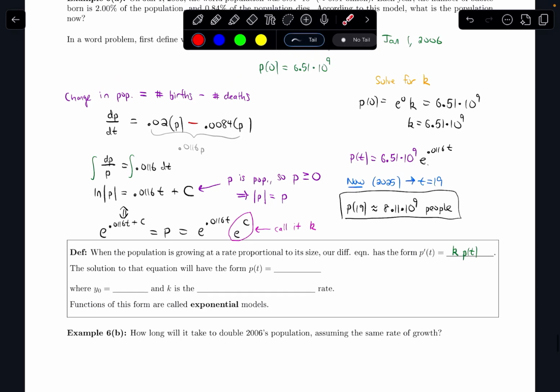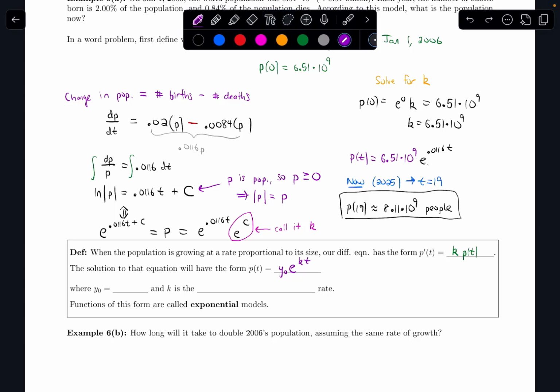As we saw here, when we solve the equation, that'll end up having the form p of t equals, there'll be some constant in front, which I'm just going to call y naught, and then times something like this. It'll be e to the k times t, because notice the same value, this constant I had in front, was here in the exponent, and that's not a coincidence.